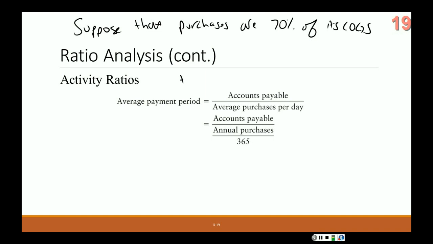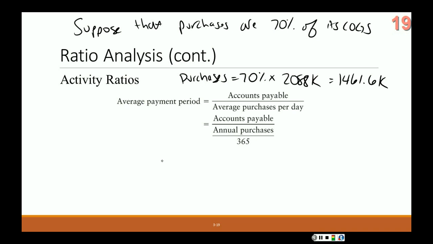So then we would say that purchases would be equal to 70% of our cost of goods sold, which is found on the income statement, and that is equal to $1,461,600.